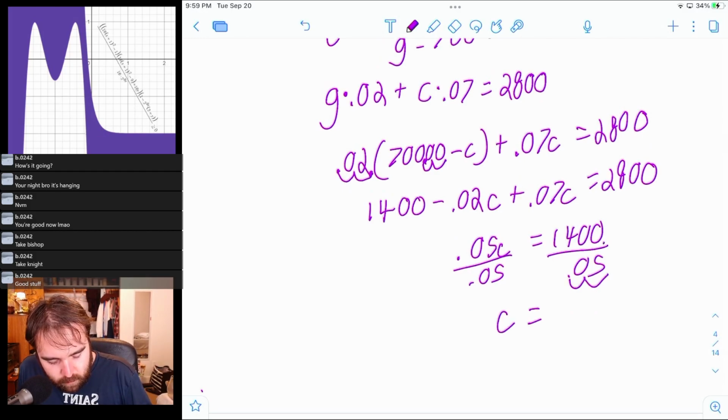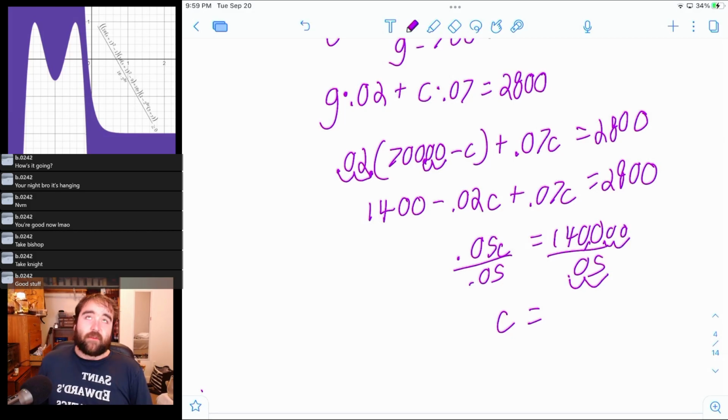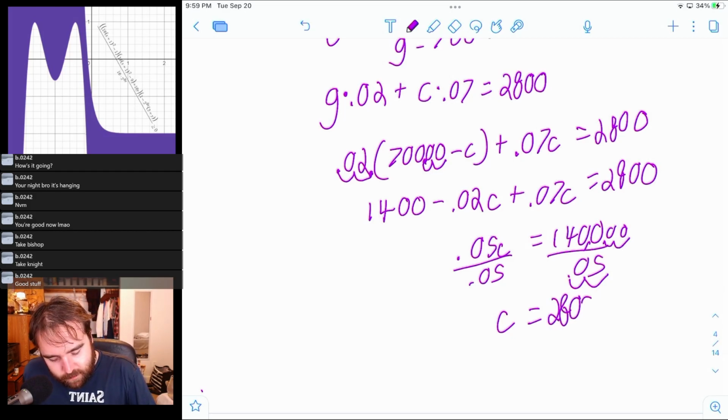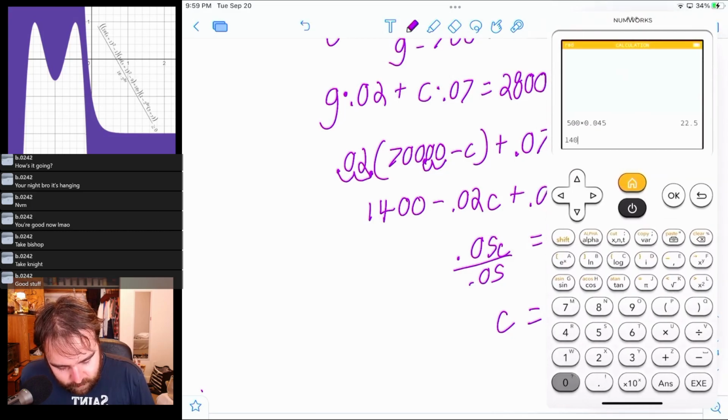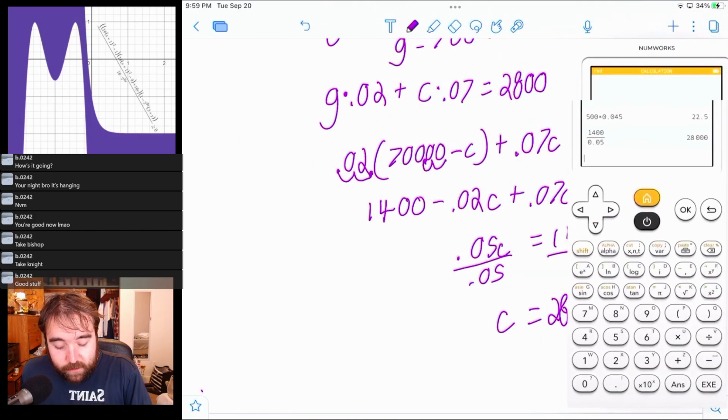Ooh, I don't know about that. 140,000 divided by 5. It's 280,000 divided by 10. Is that 2,800? Is that right? 1,400 divided by 0.05. 28,000.